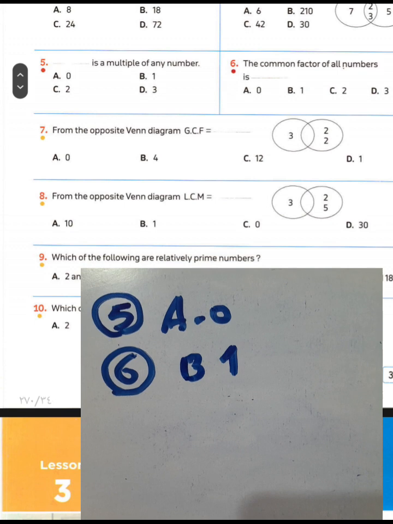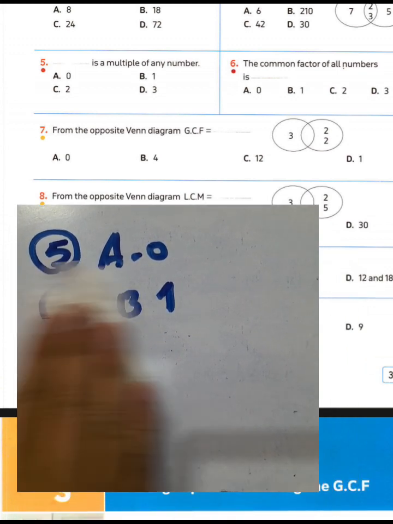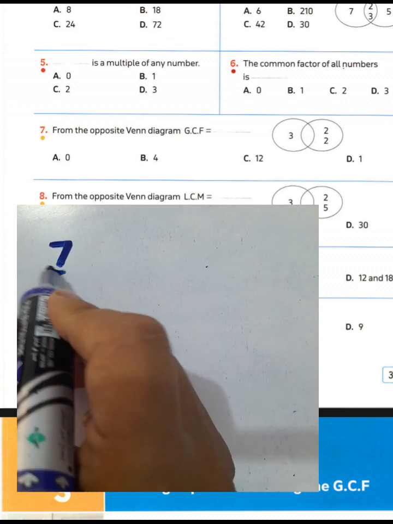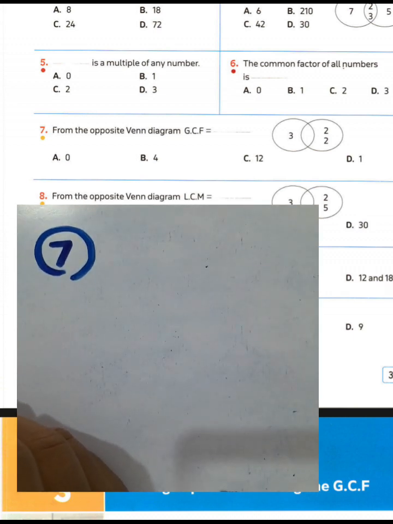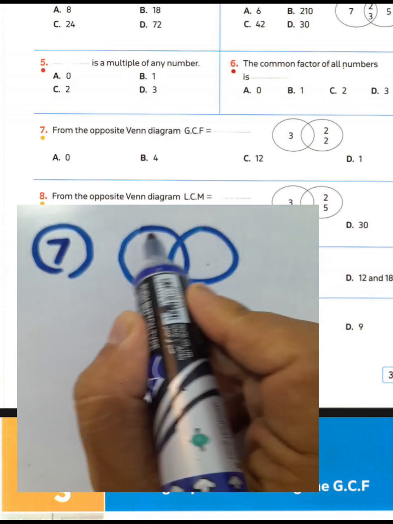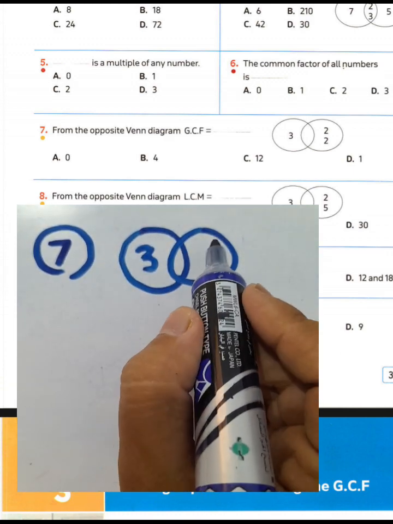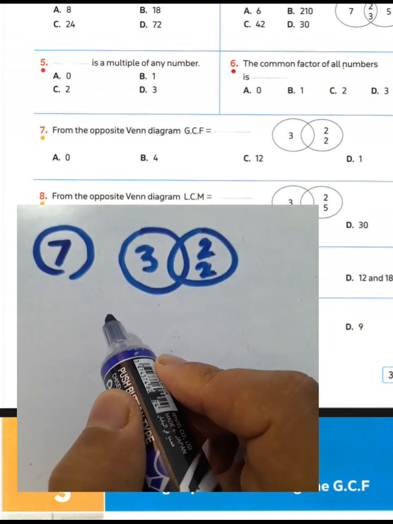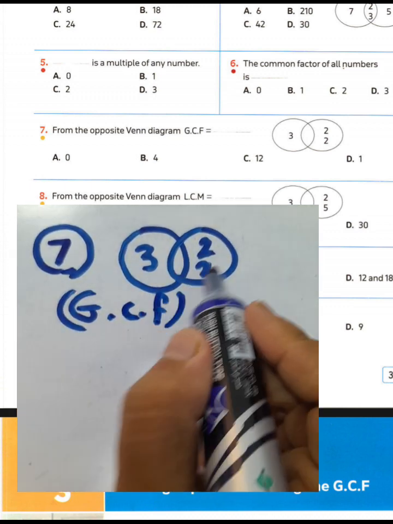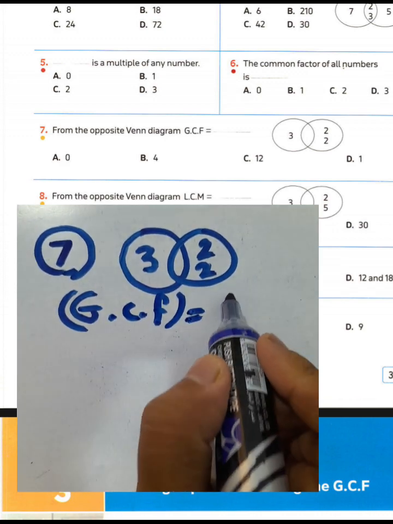Question number 7. From the opposite Venn diagram, we have here 3 and 2 and 2. The greatest common factor between two numbers here will be 1.